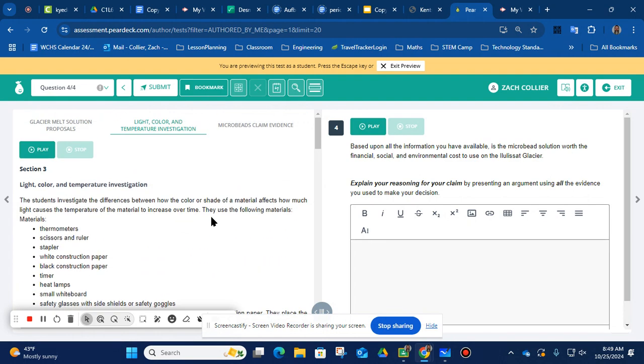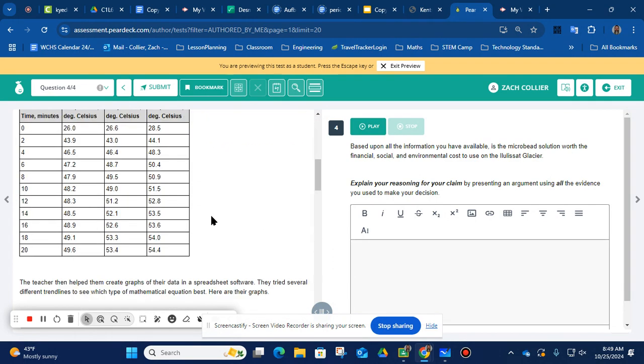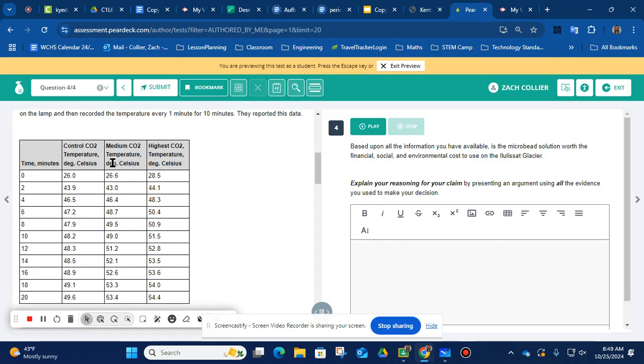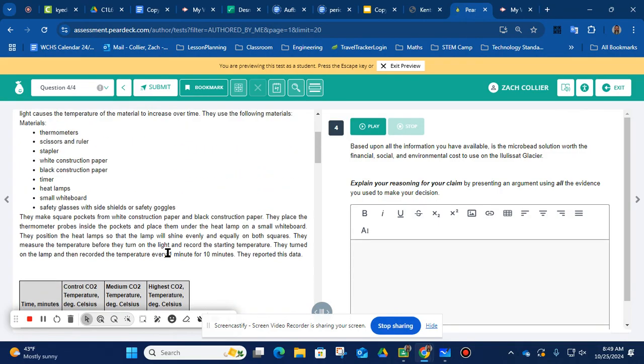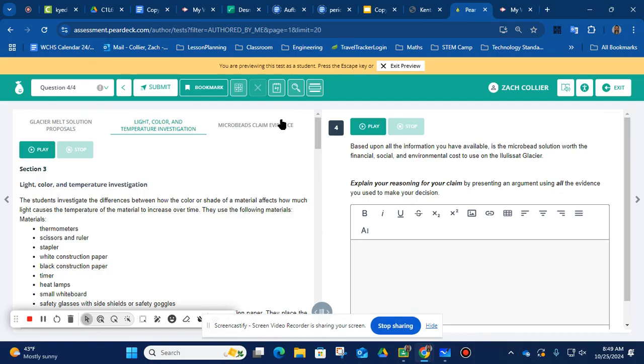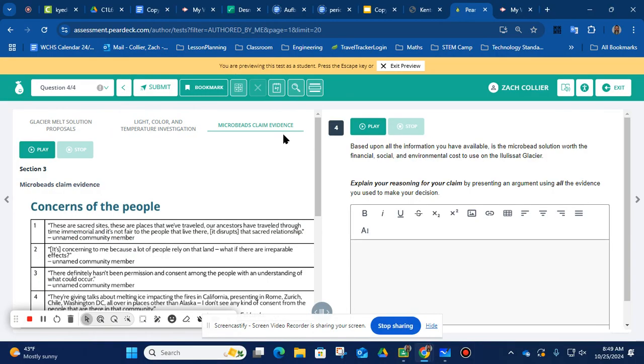Based on this information you can cite something specific from this. The black paper got a lot hotter than the white paper. So the more reflective something is, the less it will heat up. That could be a claim. And then the cost and the social reasons as well in this one. Use information from all of that to support your claim.